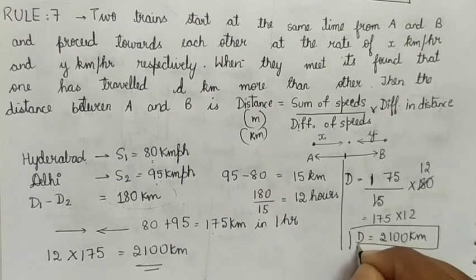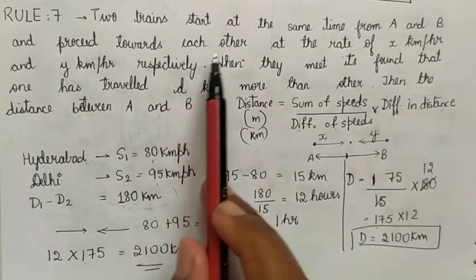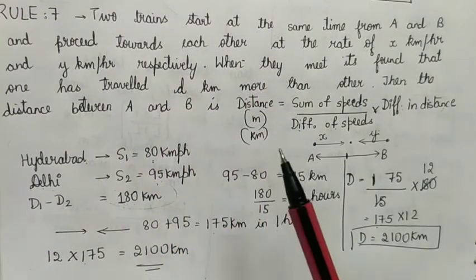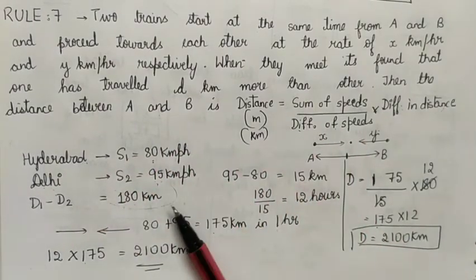So this was the lengthy way and this was the short way, if we are given the speeds of two trains starting at the same time and the distance one of the trains has covered more.